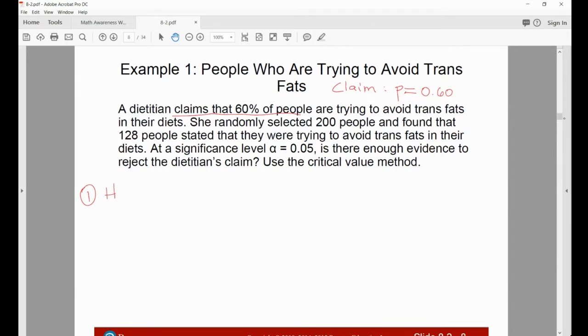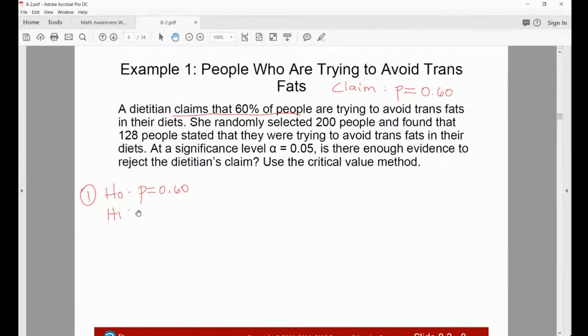That's the first step. We need to write now the hypothesis, the null hypothesis, and the alternative. So in the null hypothesis, okay? Because in the null hypothesis, we have the equal sign. So we can only write the equal sign in the null hypothesis H0.